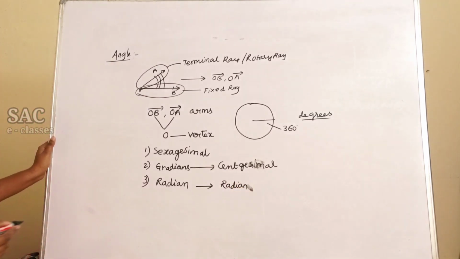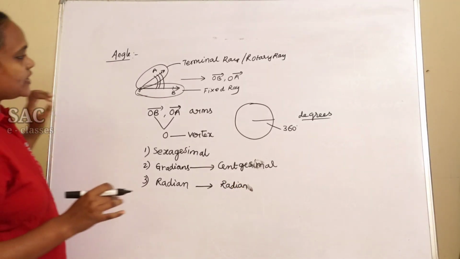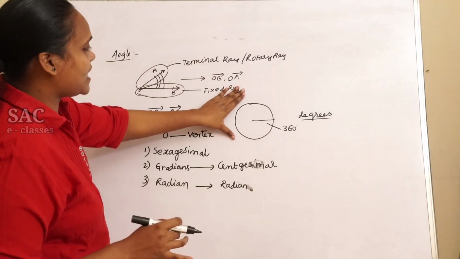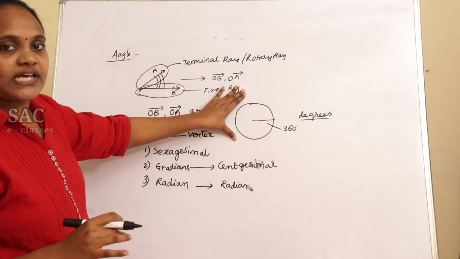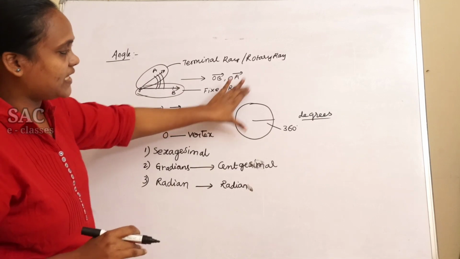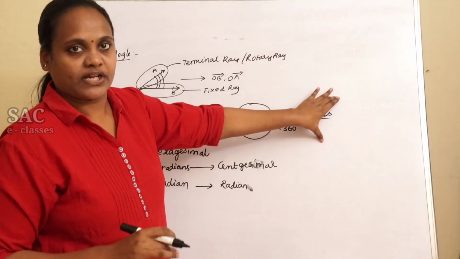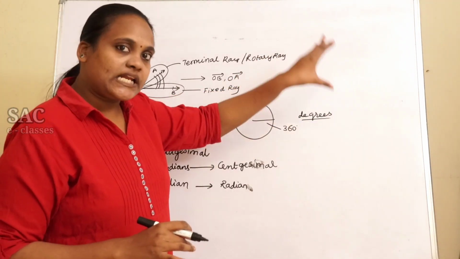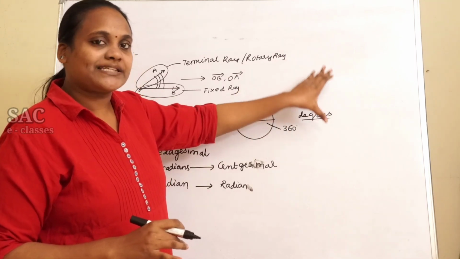First of all, what I am trying to convey is that from our childhood days onwards, we measure an angle in terms of a degree, which you know very well. But there are still other ways to measure an angle.